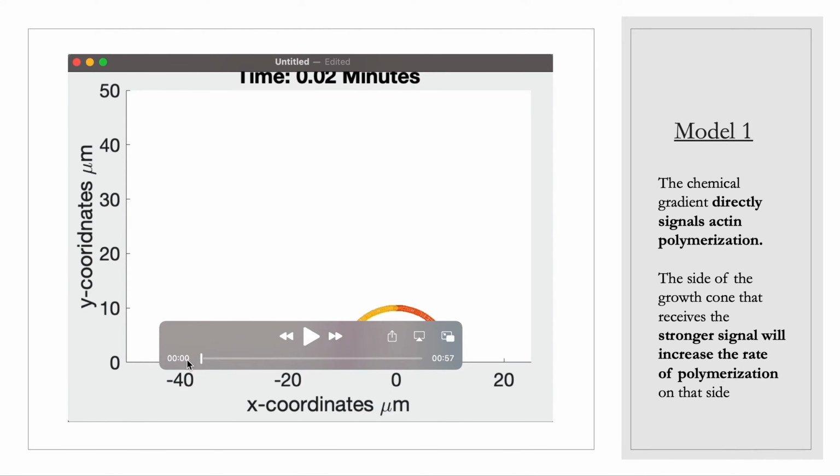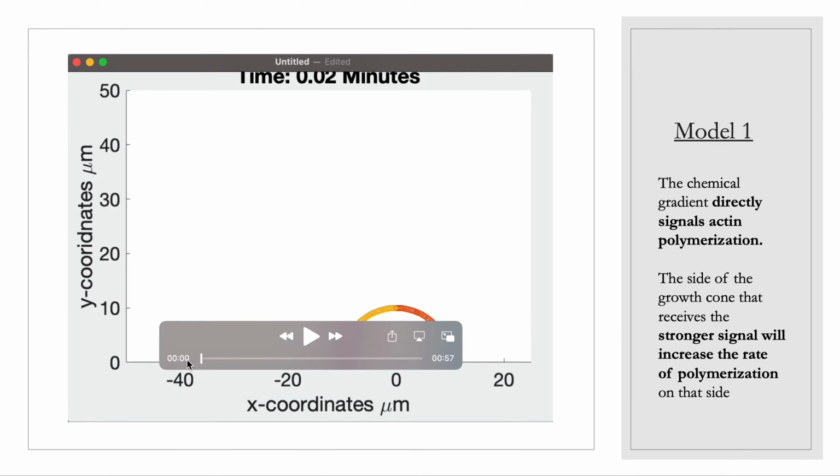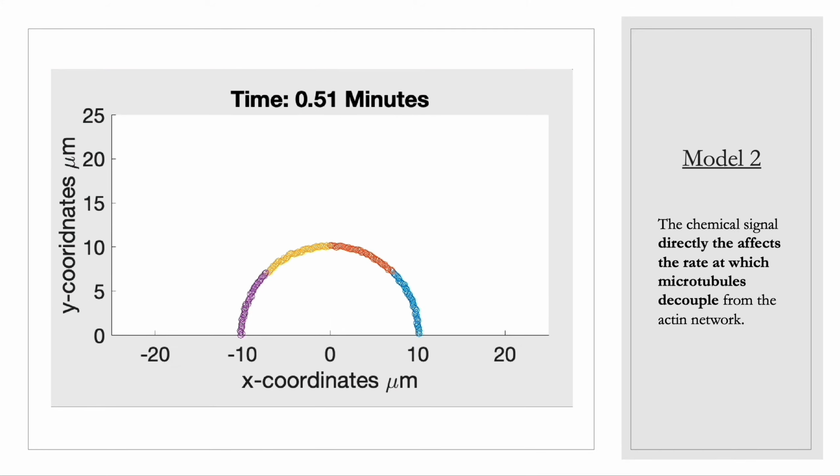I've set the parameters of these 2 models the same. This first video shows the growth cone moving at twice the speed of the normal simulation. Remember, in this model, the chemical gradient directly signals to actin polymerization. The second video is also playing at twice the speed of the normal simulation.